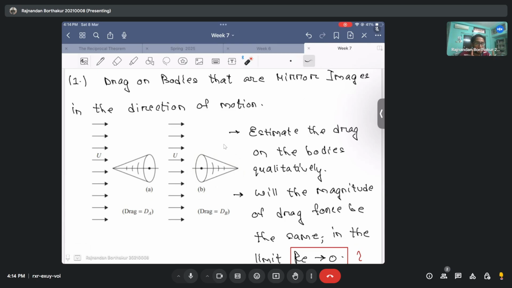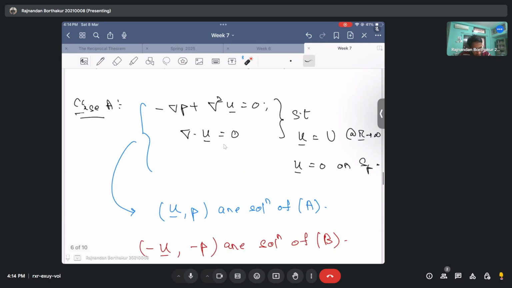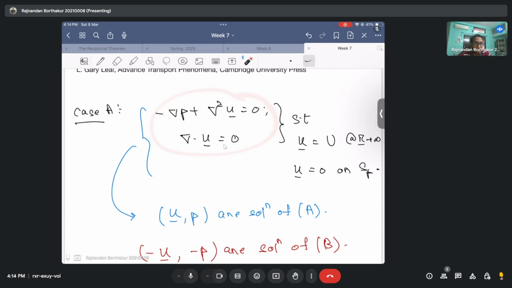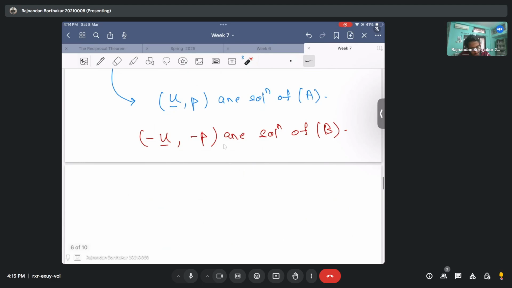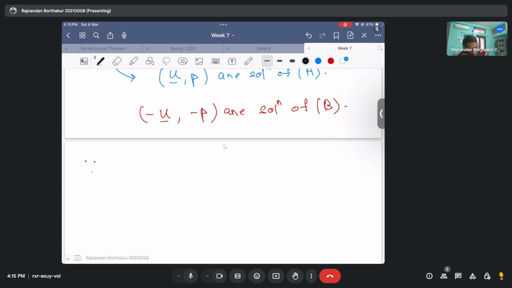And this is possible because my governing equations, which are the creeping flow equations, are linear. Okay, so you can write this: since my governing equations are linear.